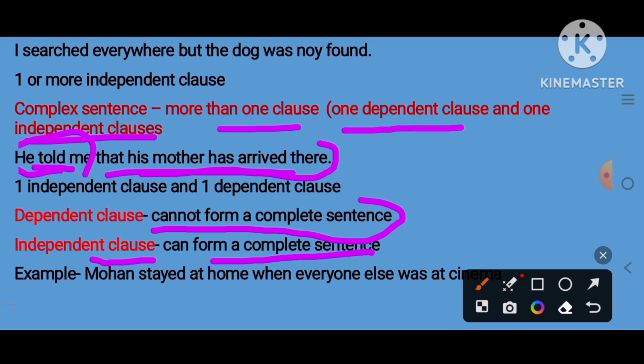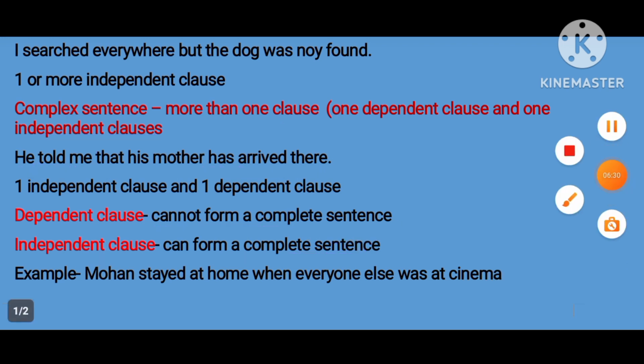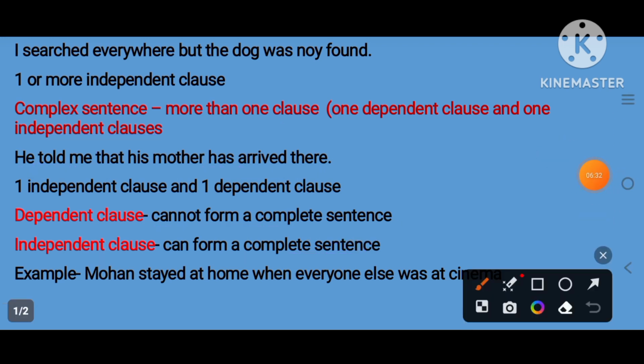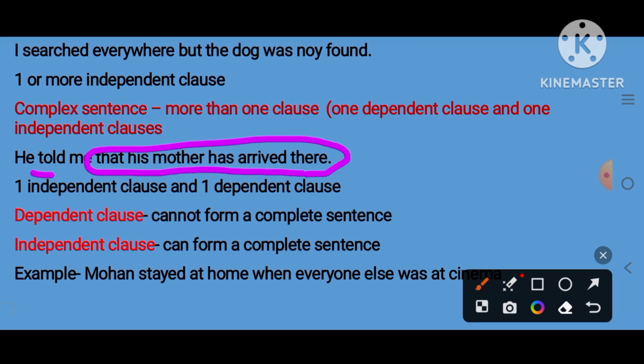Can you identify which is dependent and which is independent? Here, that his mother has arrived here is the dependent clause, because if we remove the part he told me, it does not have any meaning. Some meaning has been hidden.